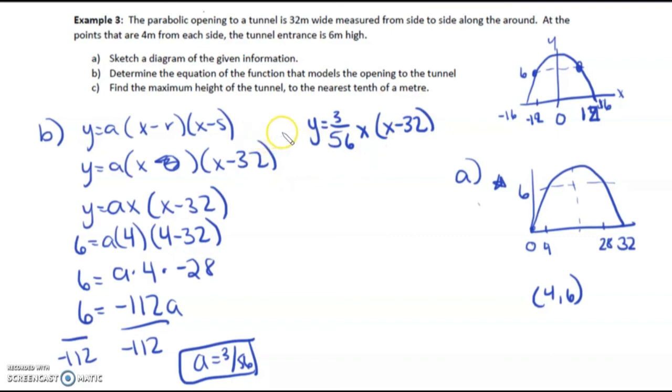Now find the maximum height of the tunnel to the nearest meter. Okay, so the 2 zeros would branch off, x equals 0. Actually, I'm going to do this in a way that we don't need this scale. The maximum is going to occur between 0 and 32, so it's going to occur at 16. So what we're going to do is use our equation, and we are going to sub in 16.